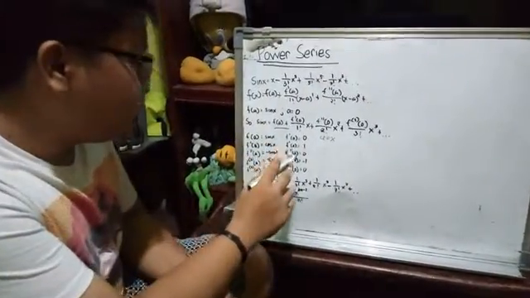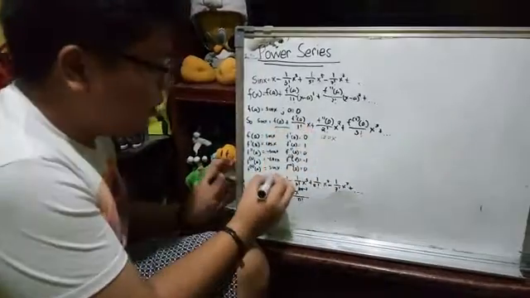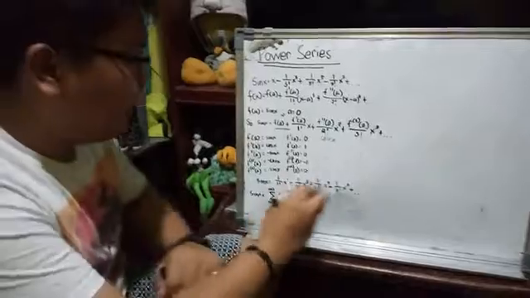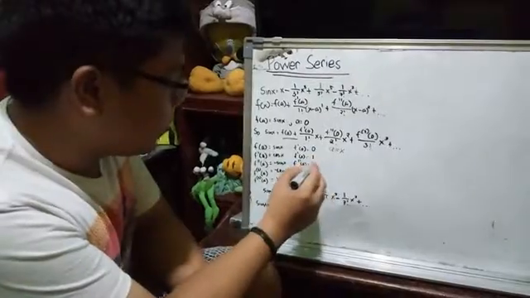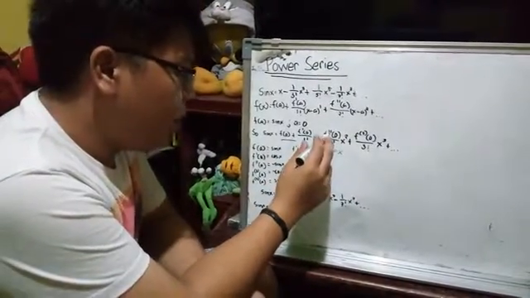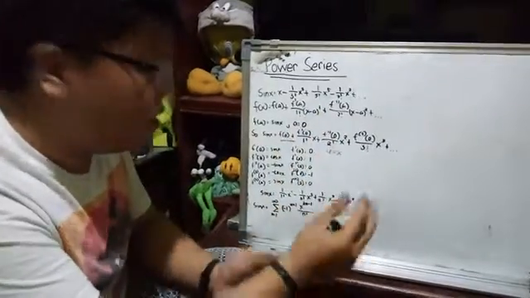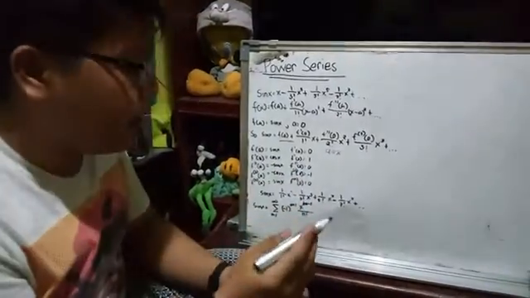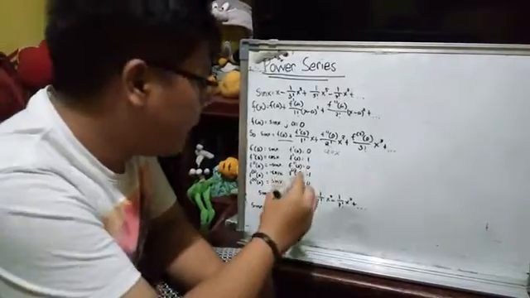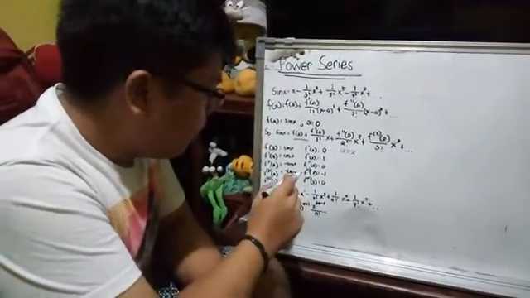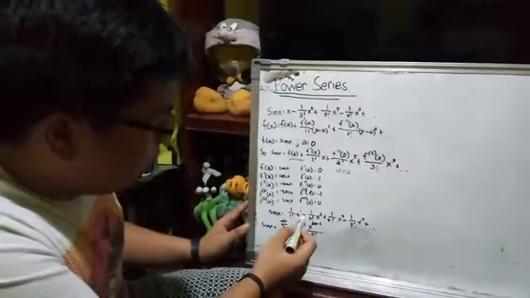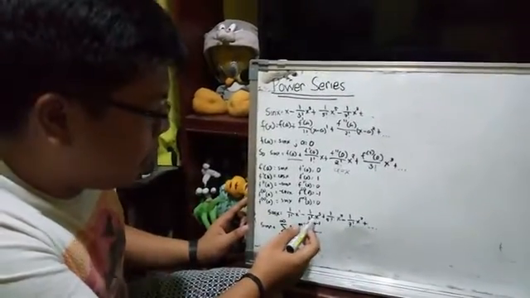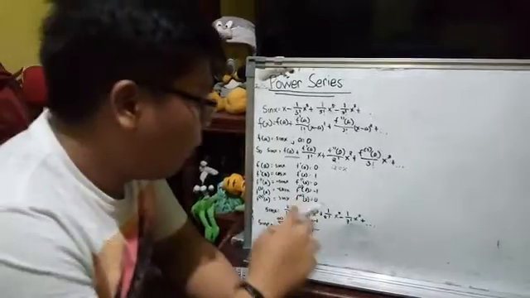The function of a prime is equal to 1, so 1 times x, plus the function of a double prime, which is equal to 0, so we don't write it. The next is the function of a triple prime, which is equal to negative 1, so negative 1 over 3 factorial x raised to 3, and then the fourth is 0.